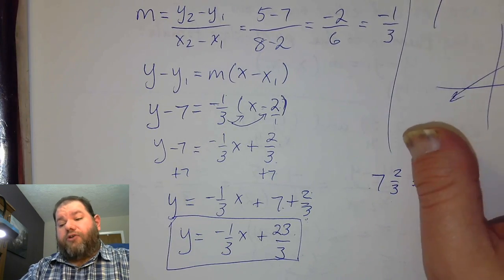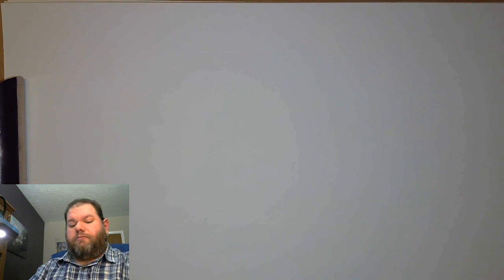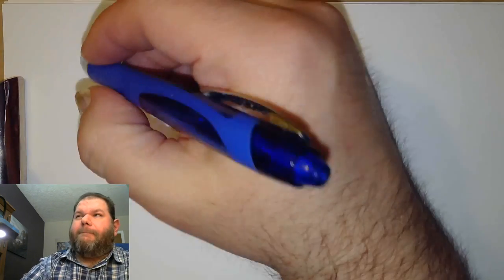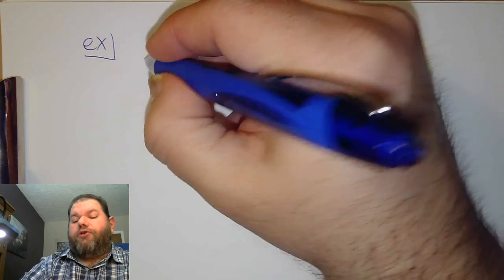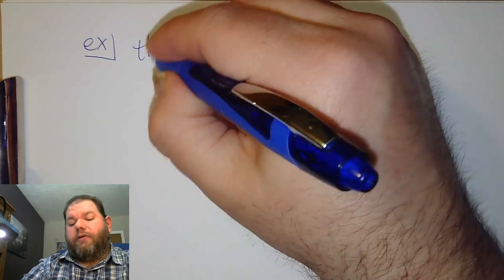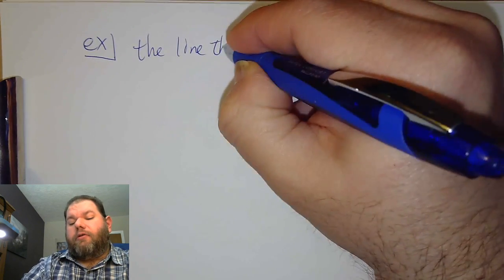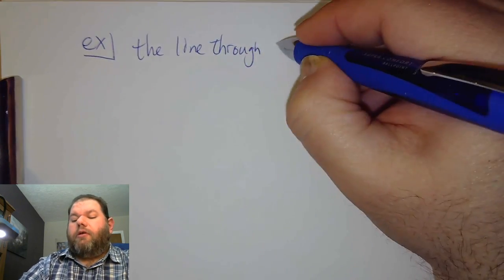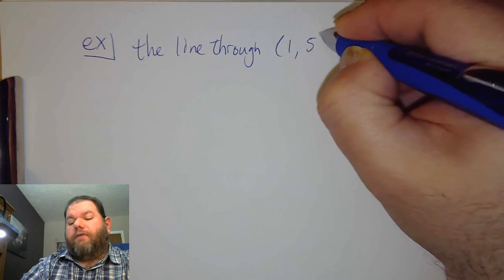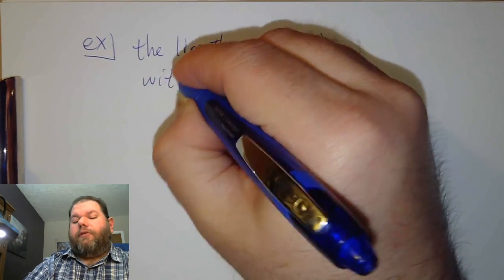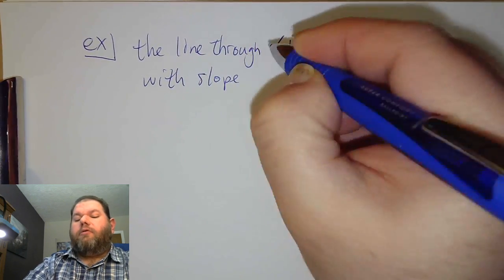Now there are other variations on this that we could work. One variation is they give us a coordinate, let's say 1, 5, with slope 3.